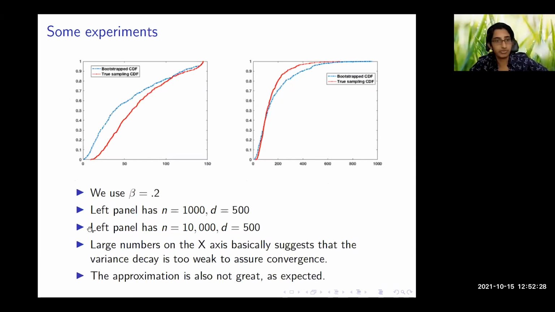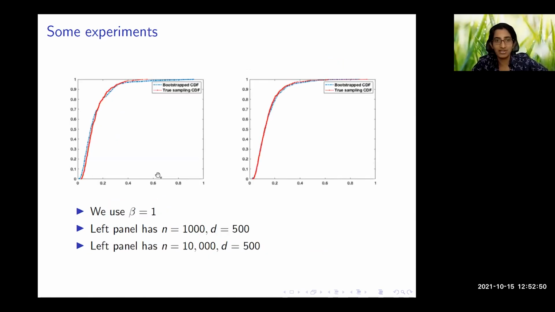And again, this should be the right panel, sorry. Here is where beta is 0.2, so there is very little variance decay. Also look at these numbers. What I'm plotting is a CDF, and I have scaled appropriately, so this should behave like a random order one random variable, P1. Before, the numbers were between 0 and 1, but they were not blowing up to be 100 and 150 and so on.